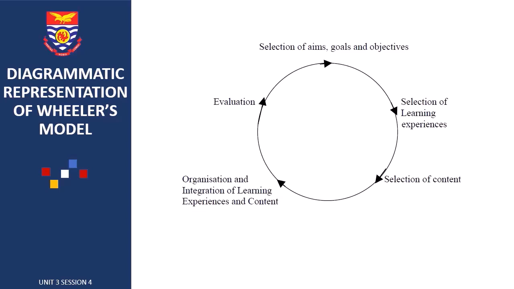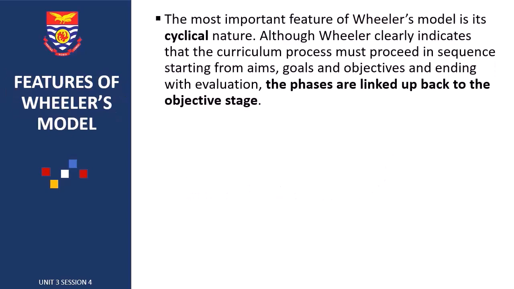Perhaps the most important feature of Wheeler's model is its cyclical nature. This cyclical nature makes it quite different from Tyler and Taba's models. Although Wheeler clearly indicates that the curriculum process must proceed in sequence, starting from aims, goals, and objectives, and ending with evaluation, the phases are linked back to the objective stage, which is quite different from Tyler and Taba's models.